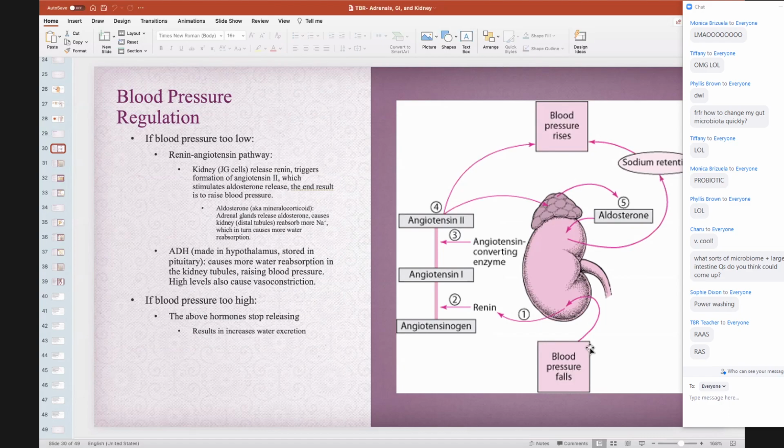So these cells are going to release renin. This is our first player, right? Renin will signal to an inactive enzyme called angiotensinogen. Renin is going to cleave the angiotensinogen and create angiotensin 1.